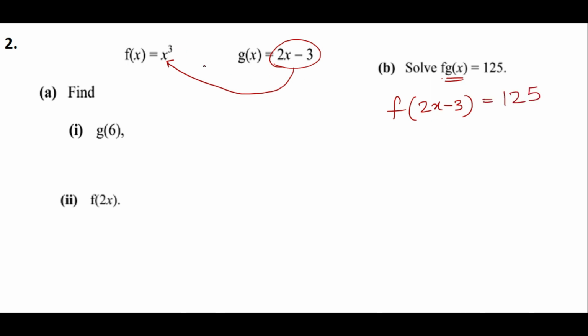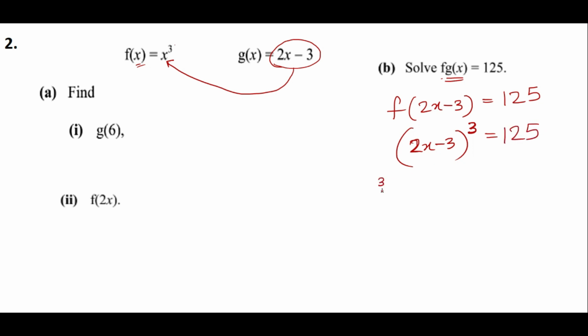So f of 2x minus 3 is going to be 2x minus 3 the whole cube, because f of x is x cubed. So here in place of x you have 2x minus 3. So I will write 2x minus 3 the whole cube, which is 125.